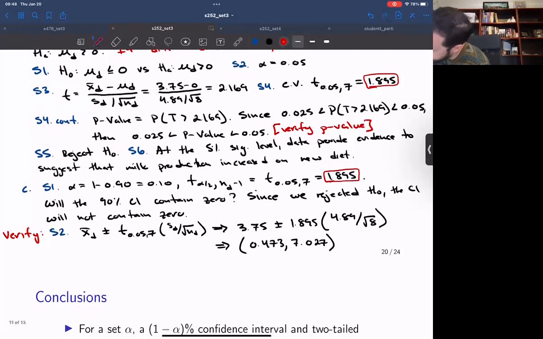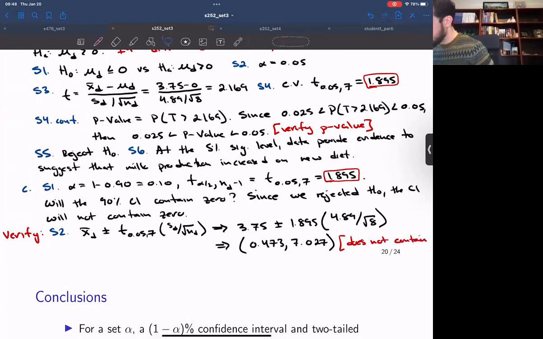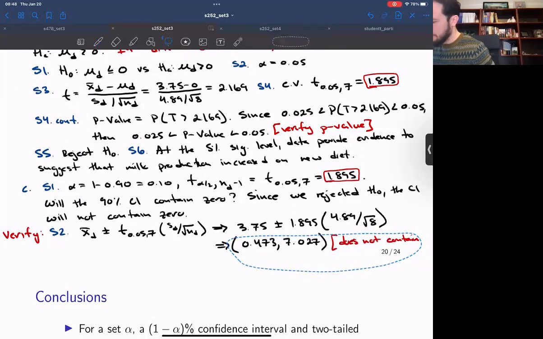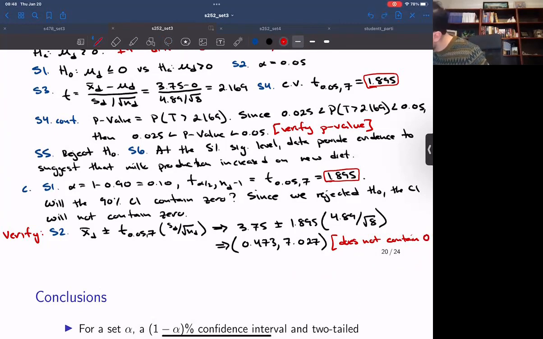All right, and we can see here it does not contain 0. Okay. Any questions?